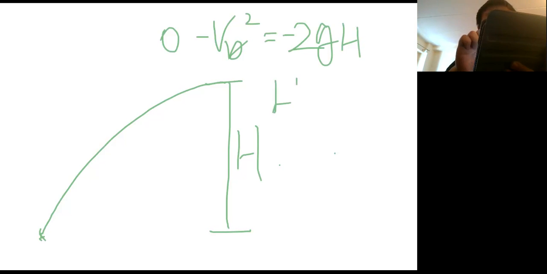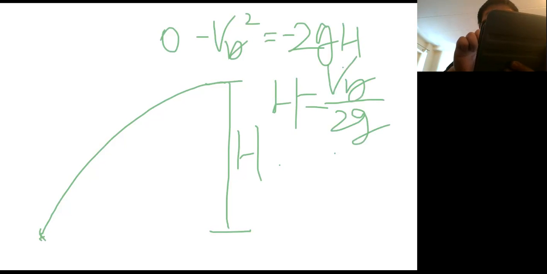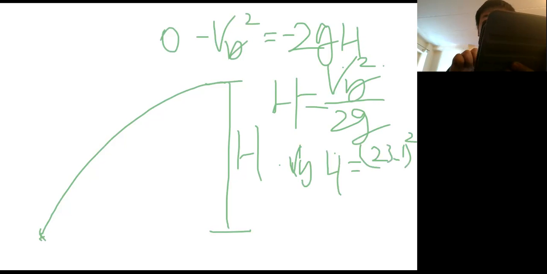That leads to h equals Vy squared divided by 2g. Plugging in the numbers, H is 23.1 squared divided by 2 times 9.8, which leads to H as 27 meters.